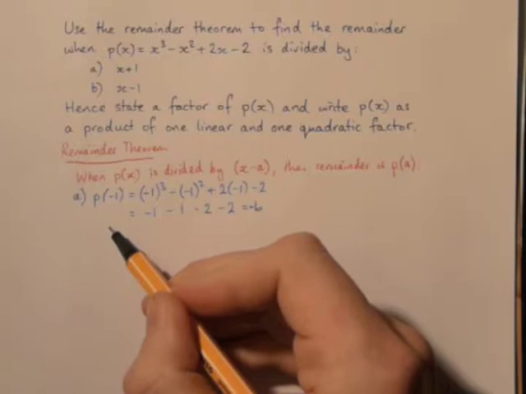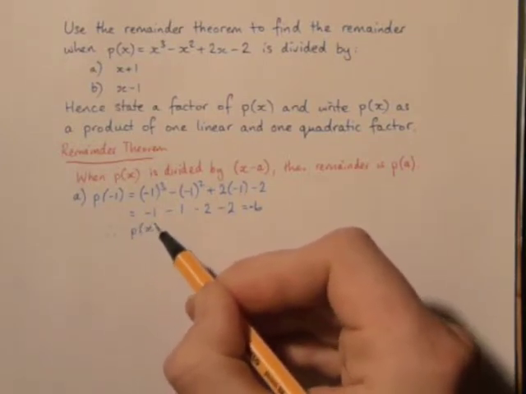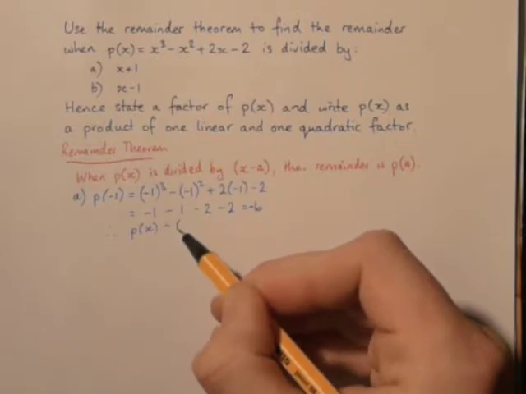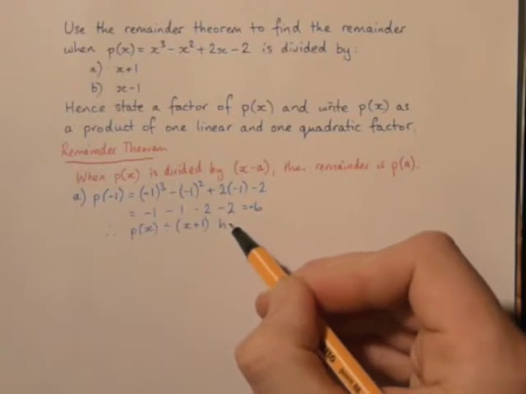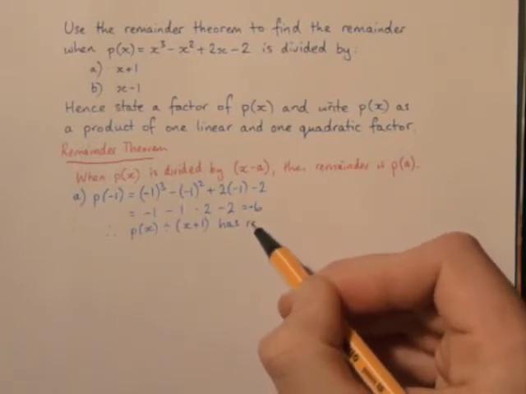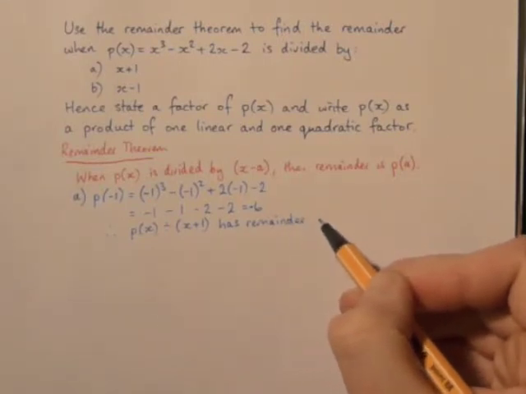So we can say p of x divided by x plus 1 has remainder minus 6.